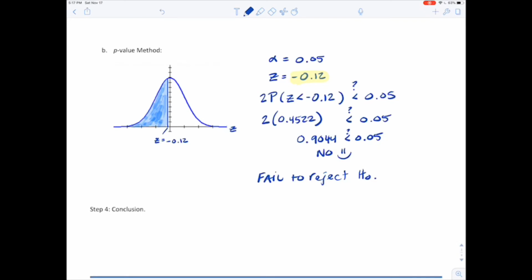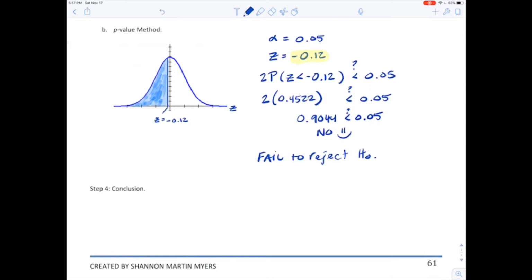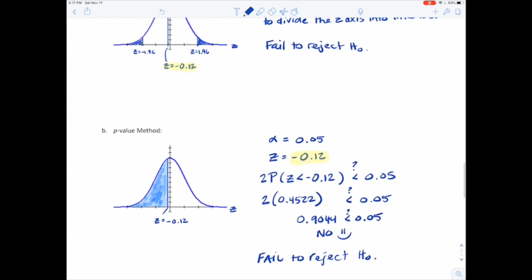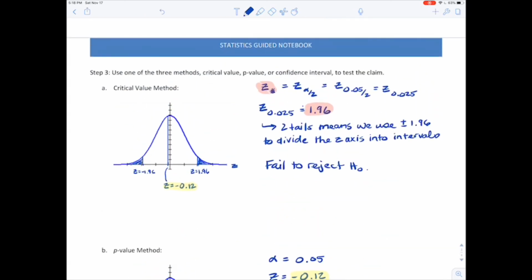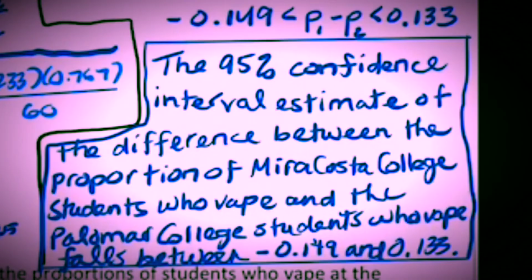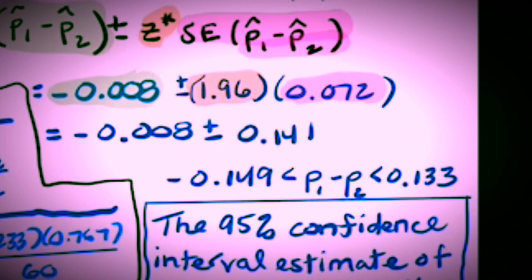Okay, so conclusion. You can see from parts A and B why we fail to reject the null, right? Let's take a look at our confidence interval estimate. Now the confidence interval estimate, do you see it does contain 0 because you have a negative on the left side of the inequality and a positive on the right side. Does that make sense? So 0 is a likely value.